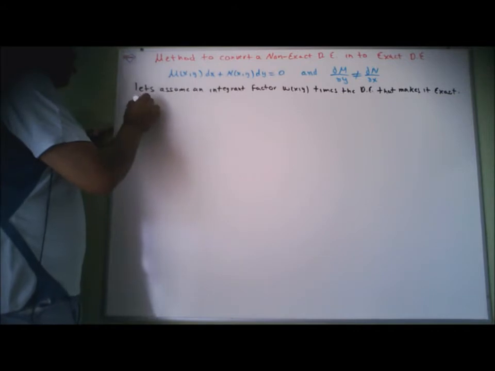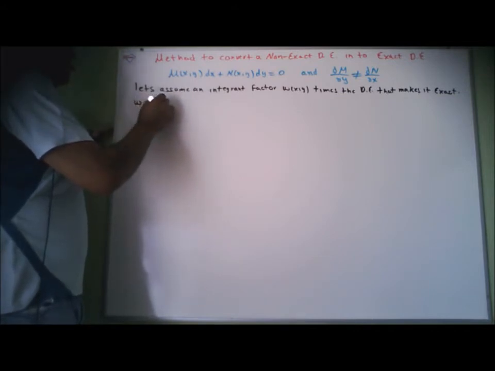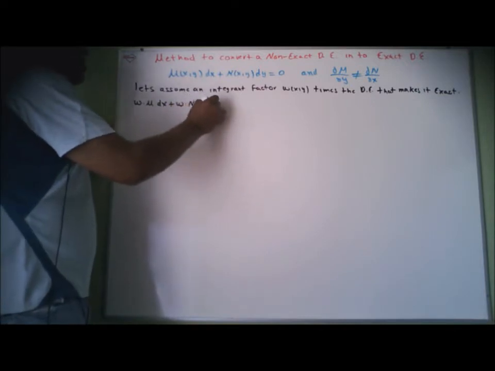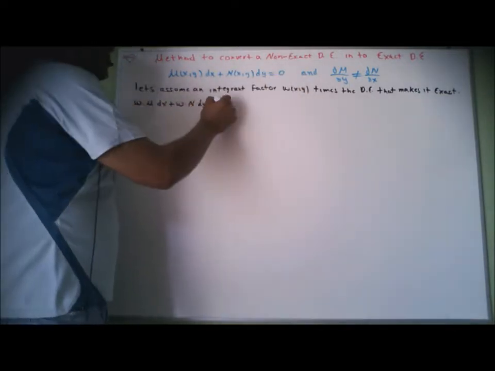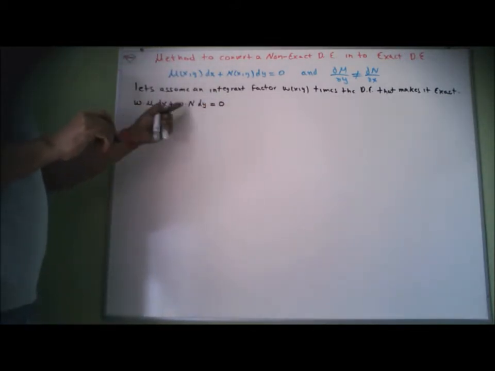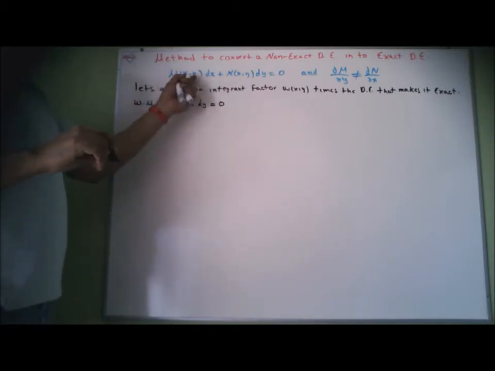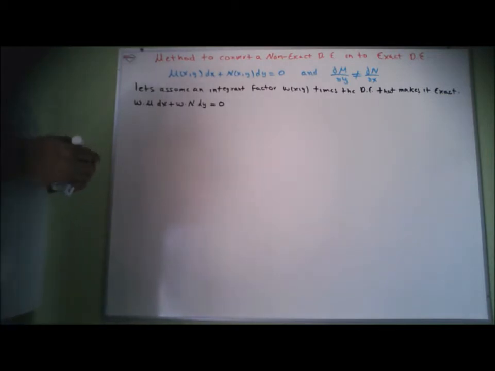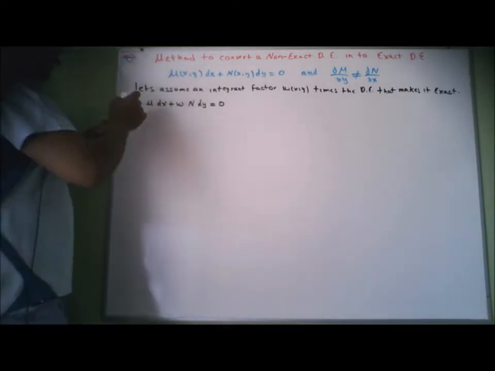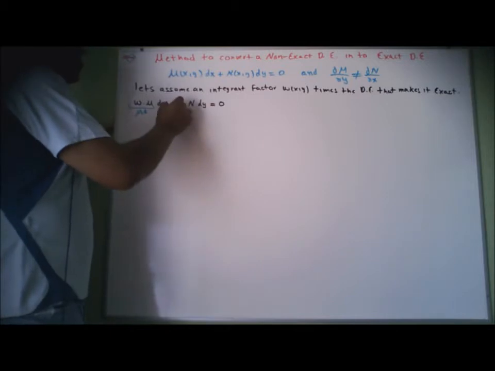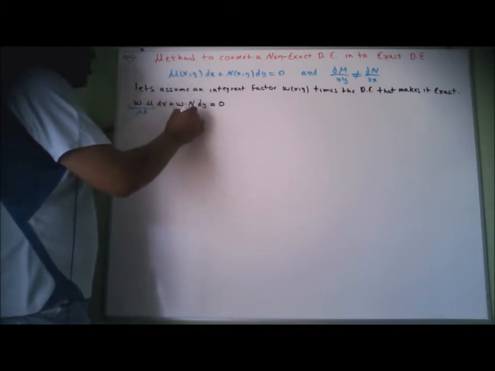So it's going to be w times M differential of x plus w times N differential of y equal to this times 0, which is still 0. Now remember that w is a function of two variables, as well as M and N. I avoid writing this just to save space because the whiteboard is small. So this has changed and this is my M star, and this is an N star, just different.